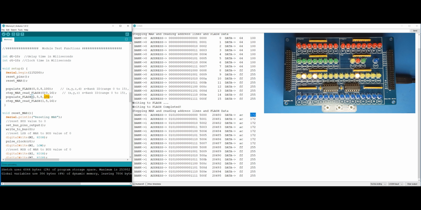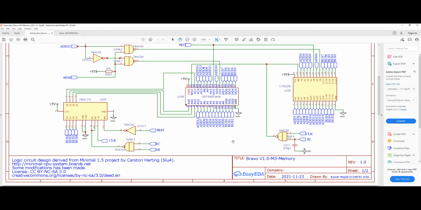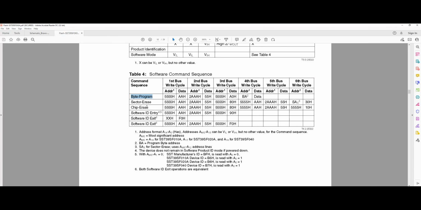However, this read and write operation from inside the computer, as you can see, is a little bit more involved, meaning that we have to follow a specific procedure in order to write or read from, or mostly write into, our flash memory.